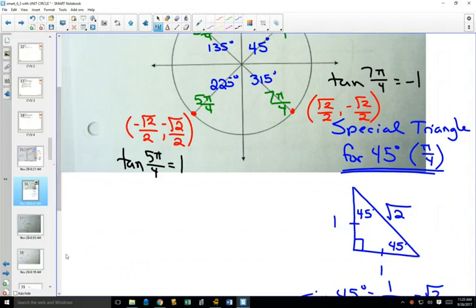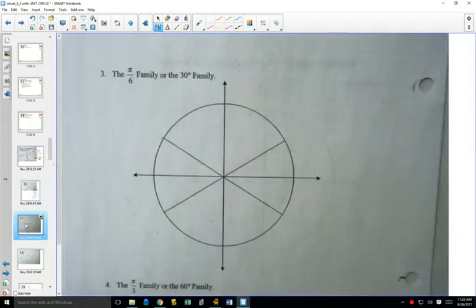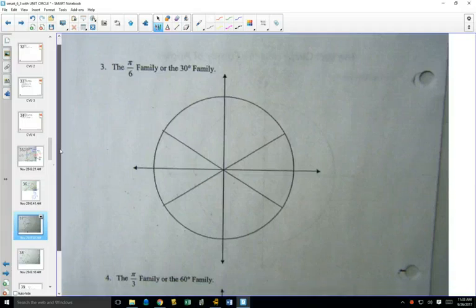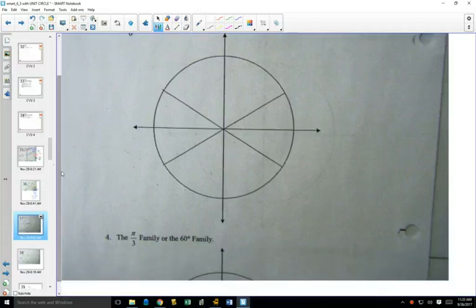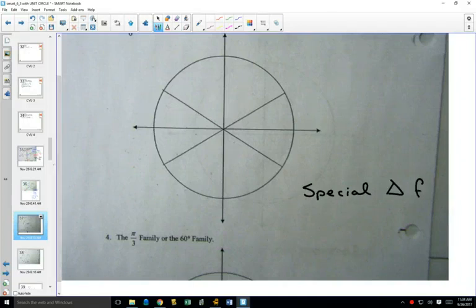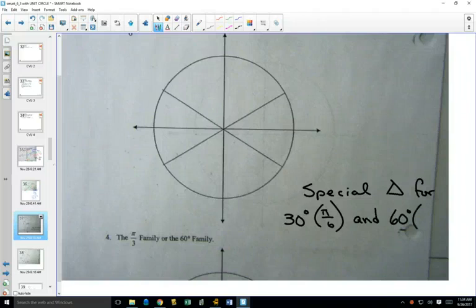But our next one is the 30-degree family. And what we're going to do in this space right here, we're going to make a special triangle. And our special triangle for 30 degrees, or pi over 6, is the same as the special triangle for 60 degrees, which is pi over 3.